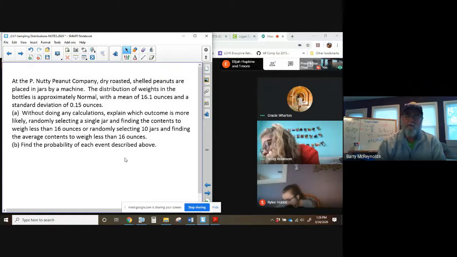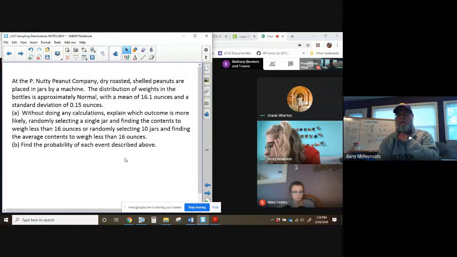The whole reason for that is because this sample mean is equal to the population mean. That makes it a perfect estimator, and we're really happy about that. The reason that it's such a good estimator is that our population is normally distributed to begin with.